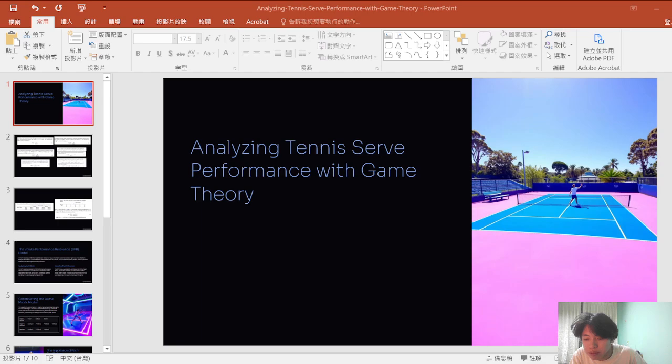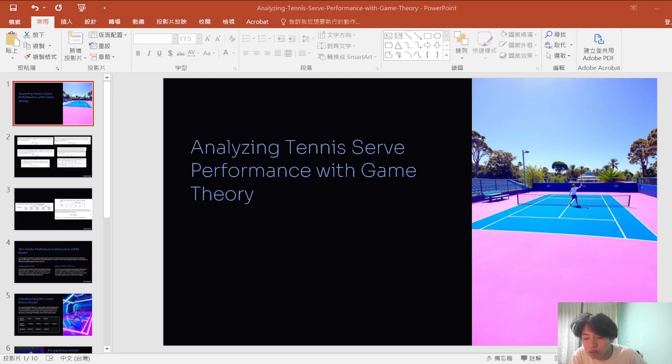address these gaps. The SPR metric evaluates the impact of each stroke on rally outcomes using detailed stroke level data from men's singles matches at Wimbledon, where the serve is tactically significant on grass courts. By quantifying the tactical value of different serve placements, the study identifies optimal strategies for maximizing competitive advantage.